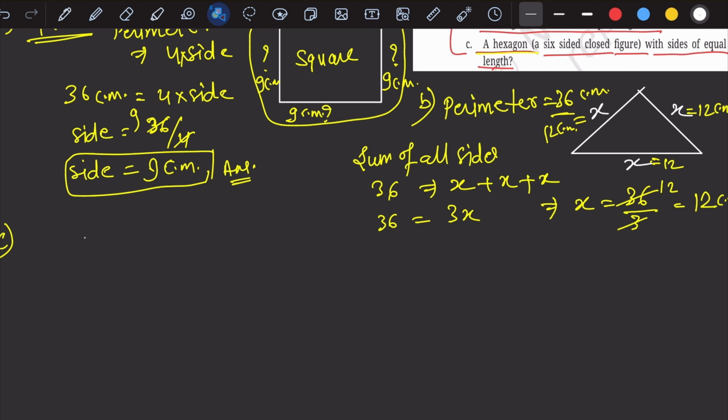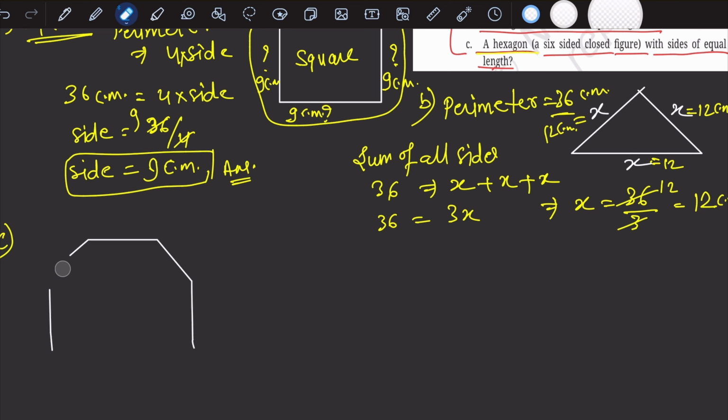Hexagon: one side, second side, third side, fourth side, fifth side.